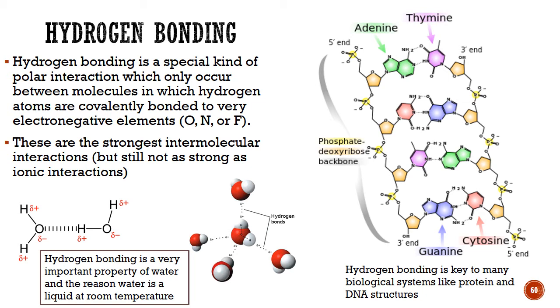So it's very particular that it has to be a hydrogen attached to an O or an N or an F, and then attracted to another O, N, or F on another molecule or another part of a molecule.